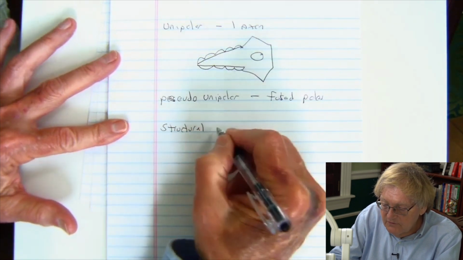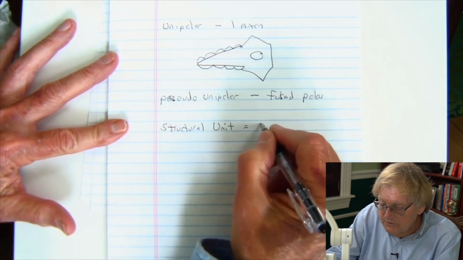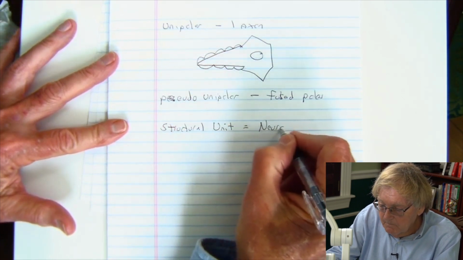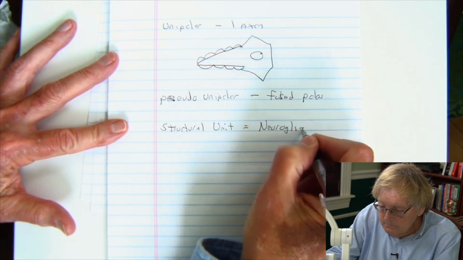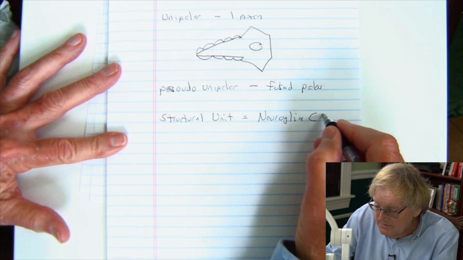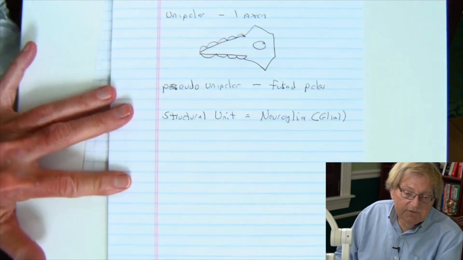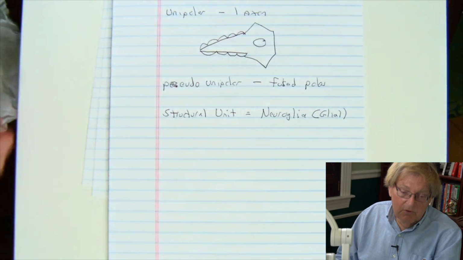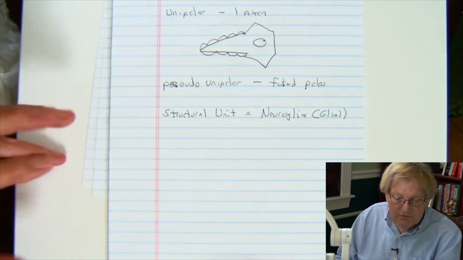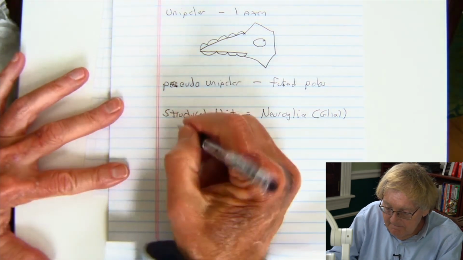So since the functional unit was the neuron, the structural unit was the neuroglia. And sometimes that neuroglia are called glial cells. So neuroglial cells or glia cells are going to be structural. They are going to also be mitotic.